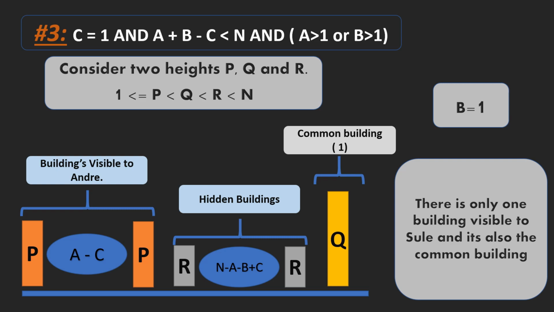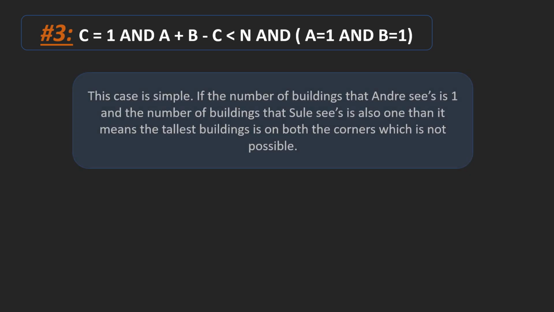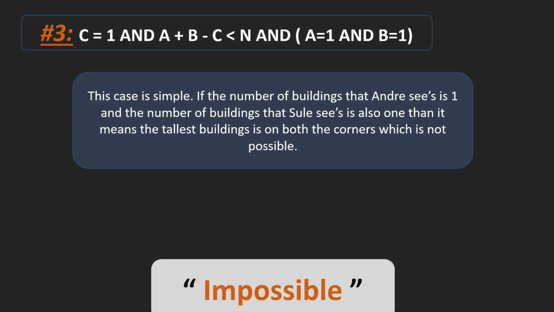We have one more case to consider. This is the last possible case. In this case, both Andre and Sule can see only one building and it's the common building. There is no way that two buildings are placed such that there is only one of them common. So our answer will be impossible.